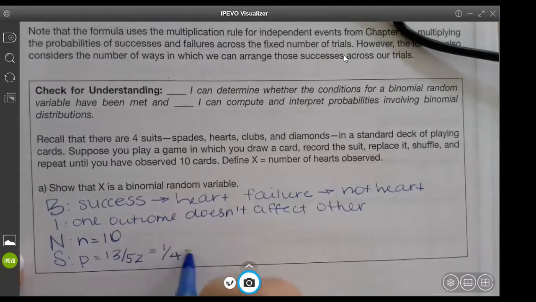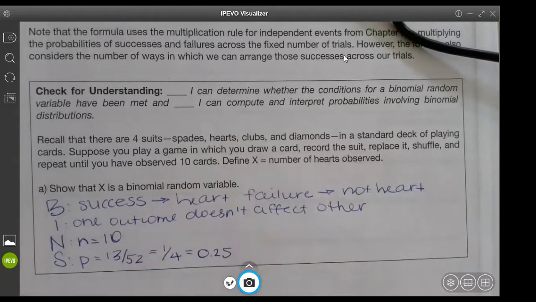Which is 1/4 or 0.25. Doesn't matter which one you give, okay? I'm kind of confused. What part? How you got 13? How many hearts are in a deck? Oh, okay. You just have to know it. 13 out of 52.